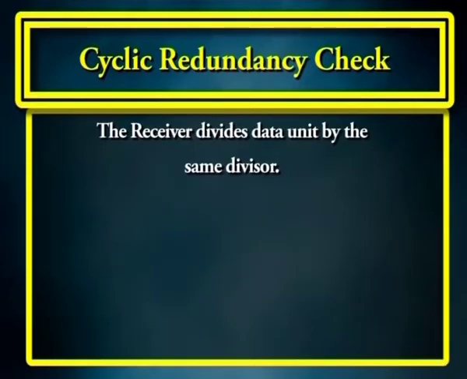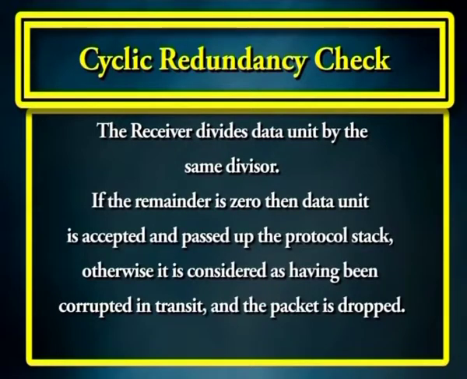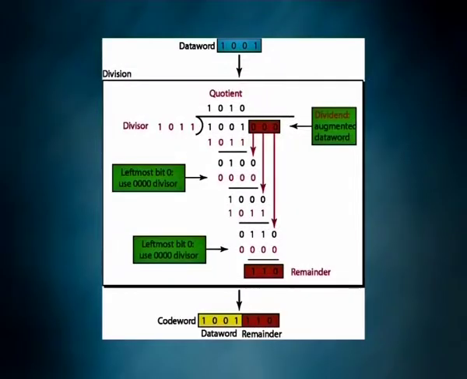The receiver divides the data unit by the same divisor. If the remainder is 0, then the data unit is accepted and passed up the protocol stack. Otherwise, it is considered as having been corrupted in transit and the packet is dropped. Sequential steps in CRC are explained with the figure as shown.